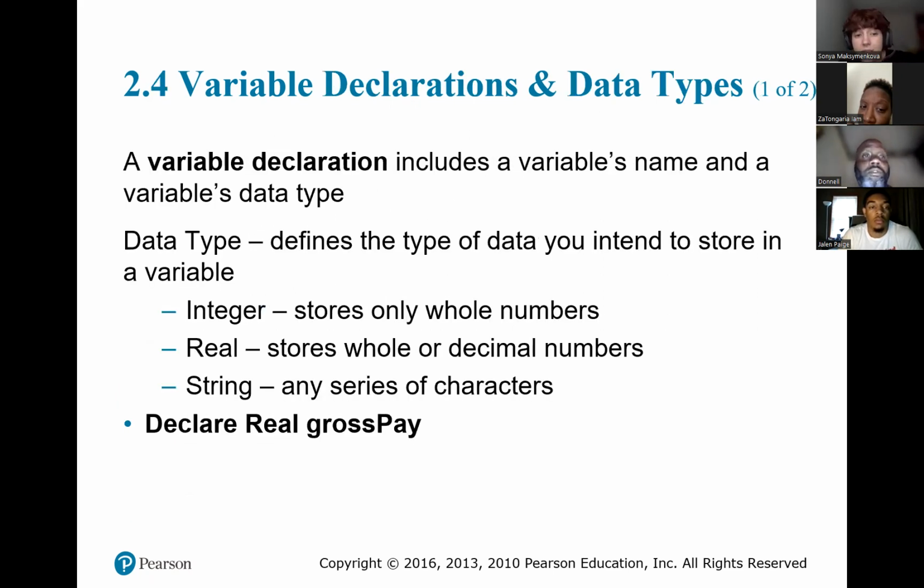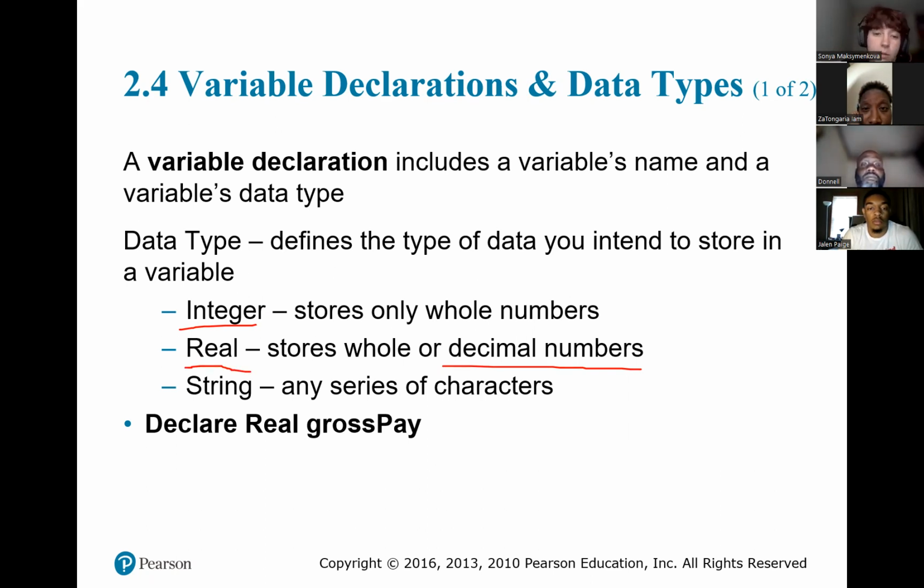Now, whenever we declare a variable, we have to include the variable's name, and some languages will also need you to declare a variable's data type. A data type is just you specifying what the user is going to enter. If they're going to enter a whole number, in the coding world, it's called an integer. If the user is going to enter a decimal number, that's what we call a real.